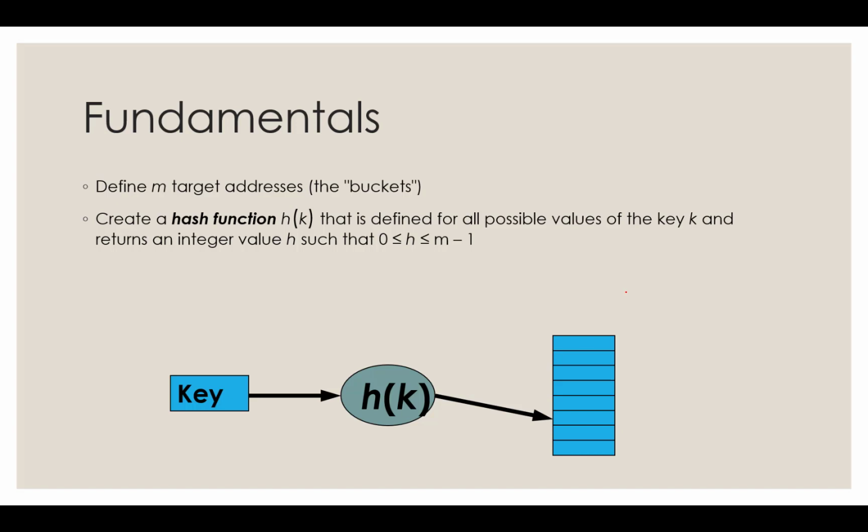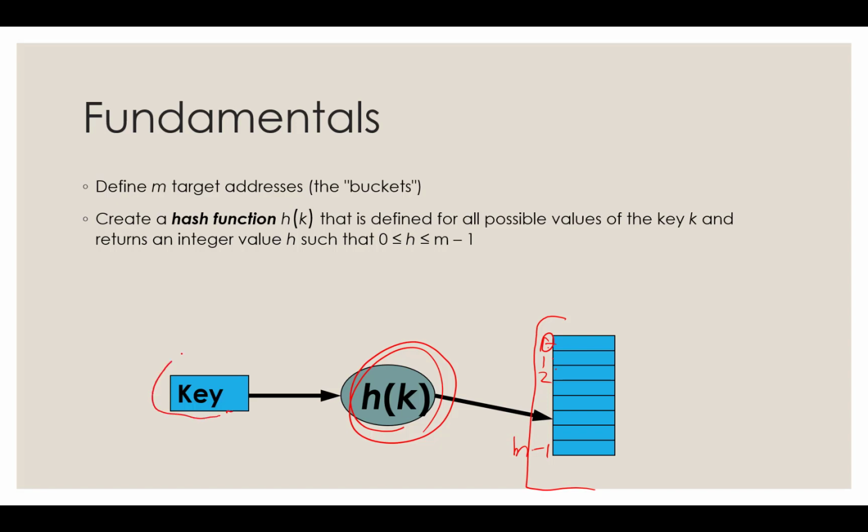So we define m target addresses here. Each of these is a bucket, and each has a different address: 0, 1, 2, all the way to m minus 1. We create a hash function, defined for all possible values of the key k.